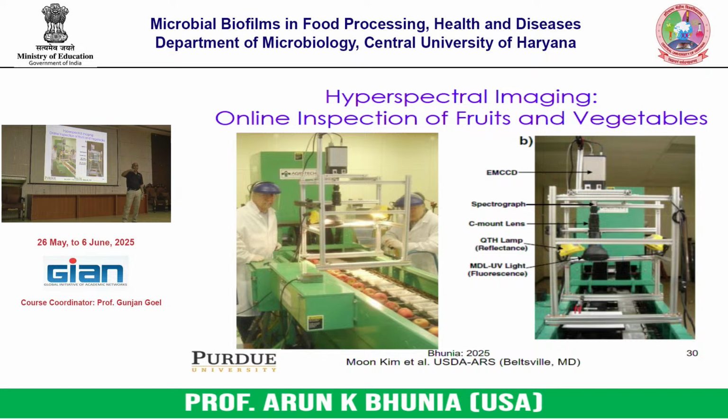They will use this kind of technology called hyperspectral imaging. You heard about hyperspectral imaging? Okay, if you are not in that field, probably you haven't heard. Hyperspectral imaging is where you take images with different wavelengths, different types of camera, and you collect a series of images. At the end, you use machine learning, or AI. Everybody knows about AI, right?